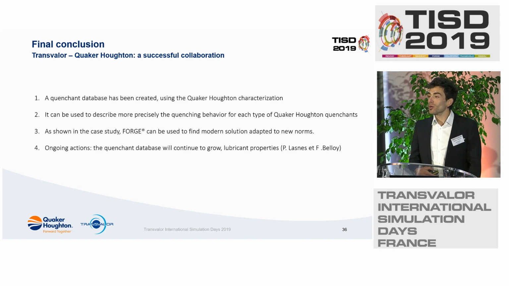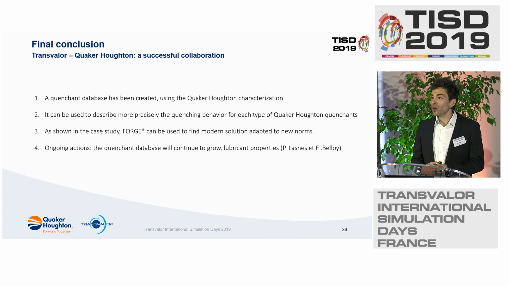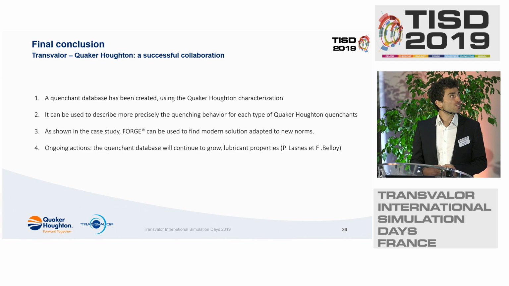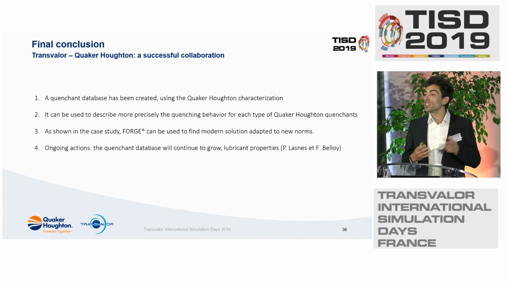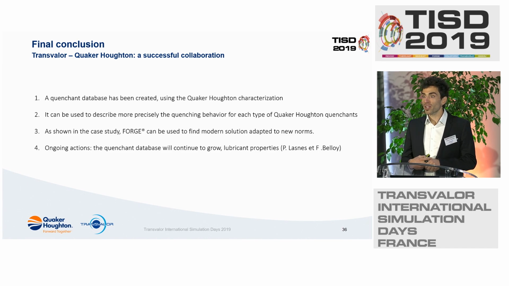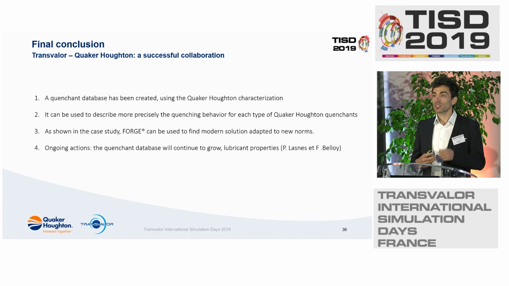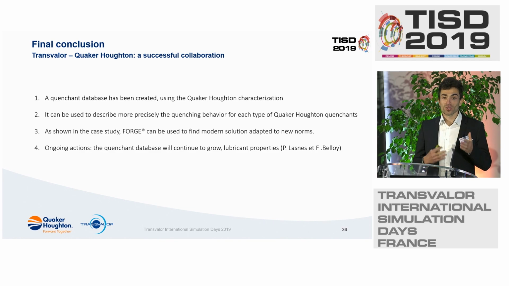Some last words about the Transvalor and Quaker Houghton collaboration. This is one of the fruits of this collaboration, the Quenching database, which I hope you can use to have better accuracy, and which you can also use to adjust your processes.